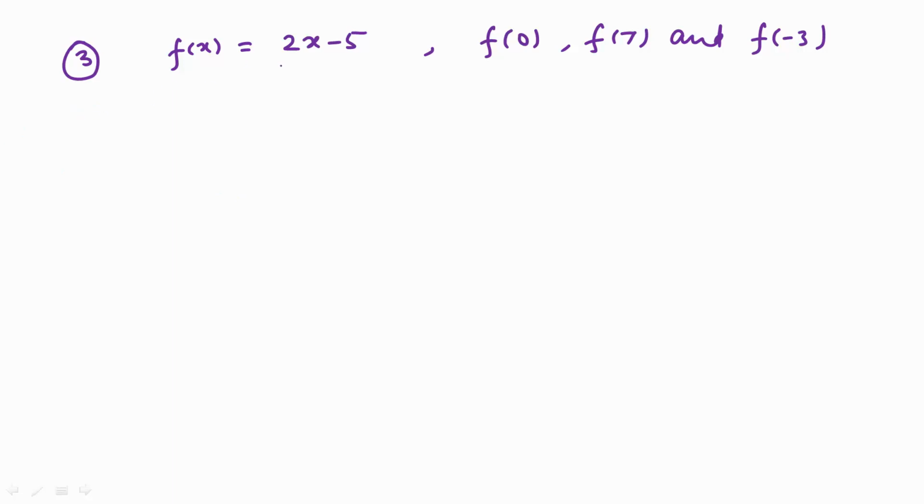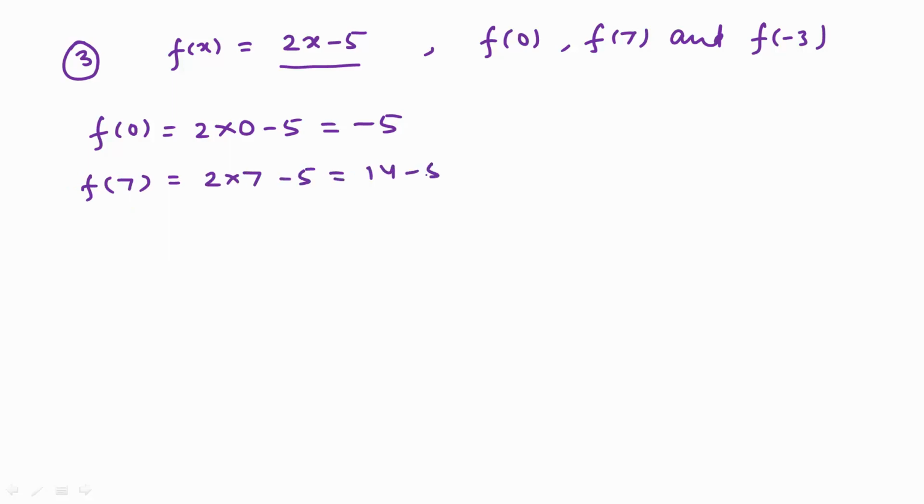If f(x) = 2x - 5, then f(0) will be, replace x with 0, 2 into 0 minus 5, equal to -5. And f(7) is equal to 2 into 7 minus 5, 14 minus 5 is 9. And number third, f(-3) is equal to 2 into -3 minus 5, -6 minus 5, equal to -11.